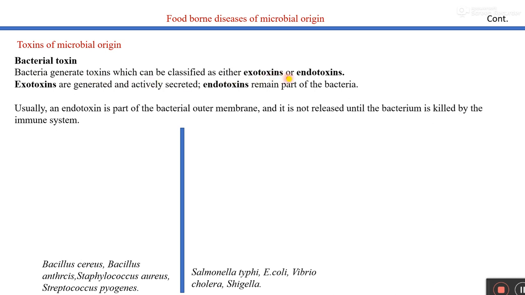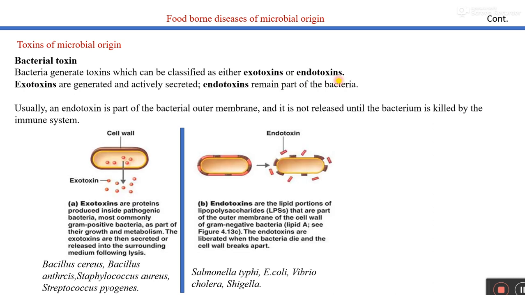First is exotoxin and second is endotoxin, right? Exotoxins are generally produced by gram positive bacteria, and exotoxins are generally proteins produced inside pathogenic bacteria, and the exotoxins are then secreted or released into the surrounding medium following lysis, right?